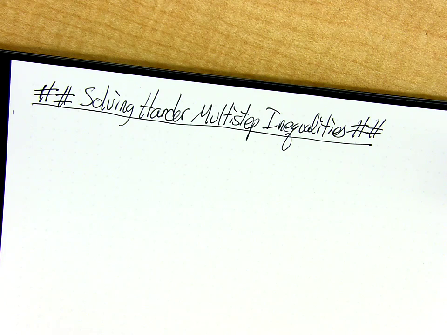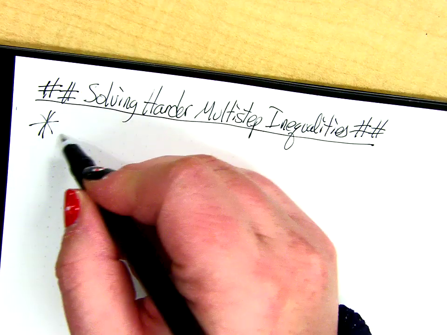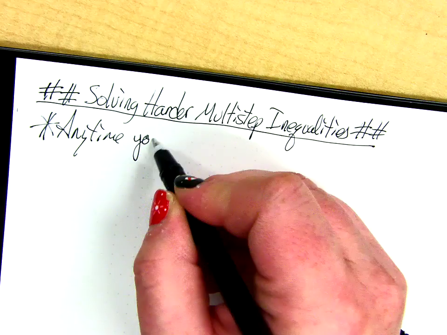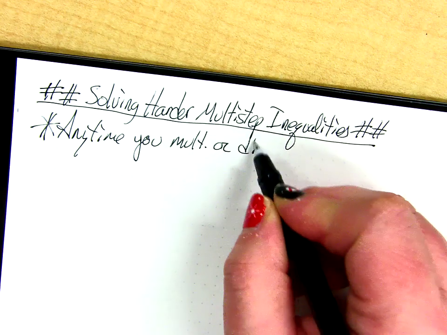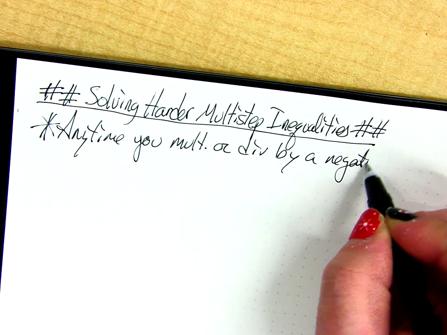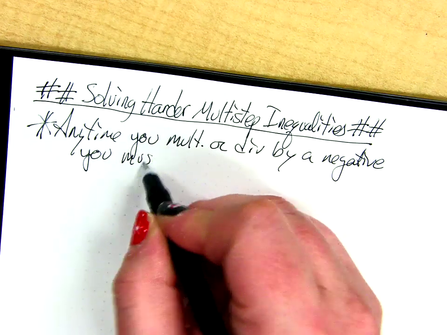I'm still just going to solve for my variable, just the same way that I would if it were an equal sign. The only thing different with the inequalities, you guys know this rule. In fact, it's worth jotting down one more time. Anytime you multiply or divide by a negative, you must flip the sign over.